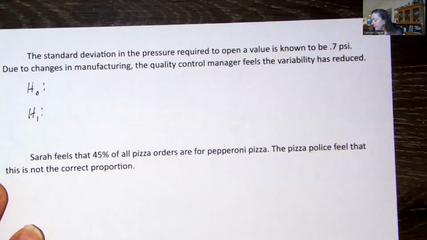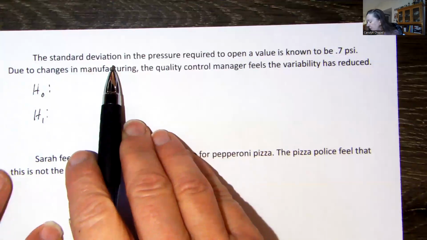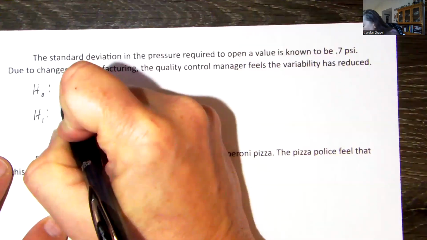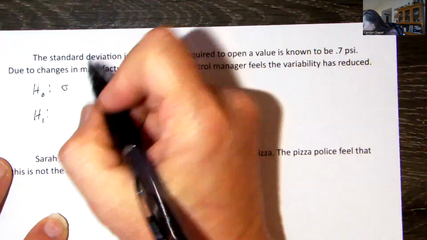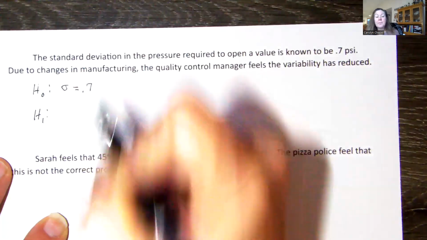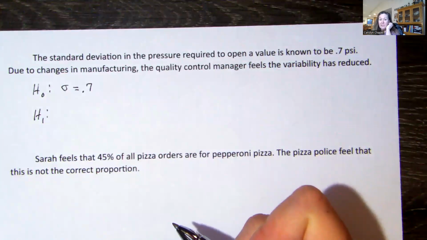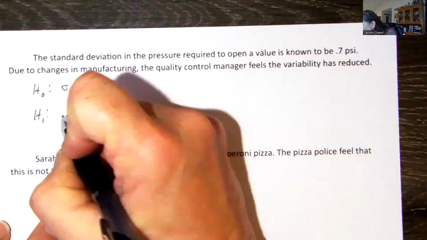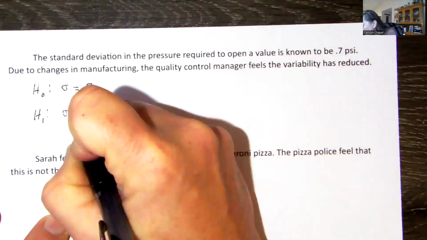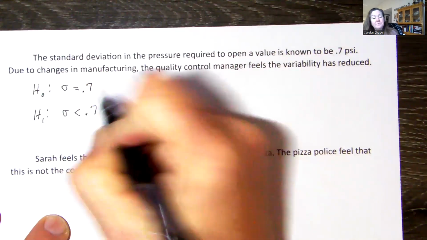We're looking at the standard deviation. Now we need the symbol for standard deviation of a population. That is our sigma. And it is known to be 0.7, versus the fact that the quality manager thinks that it has been reduced. So reduced would mean it's gotten smaller.